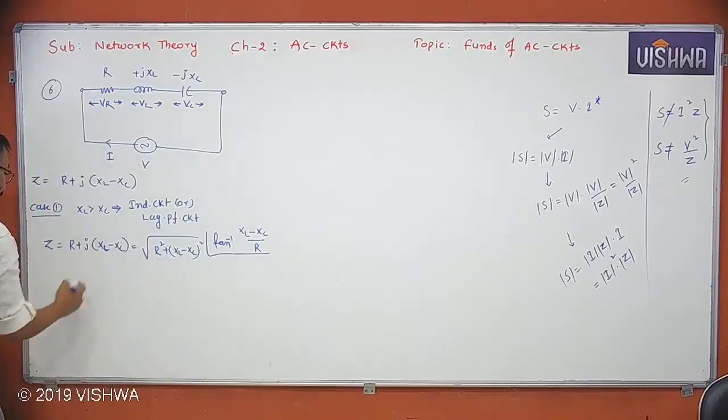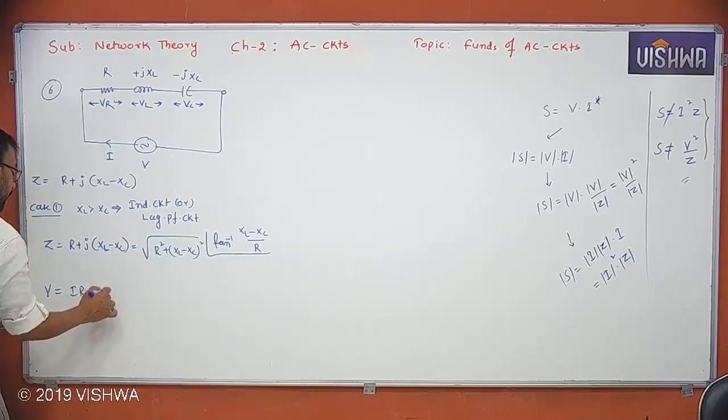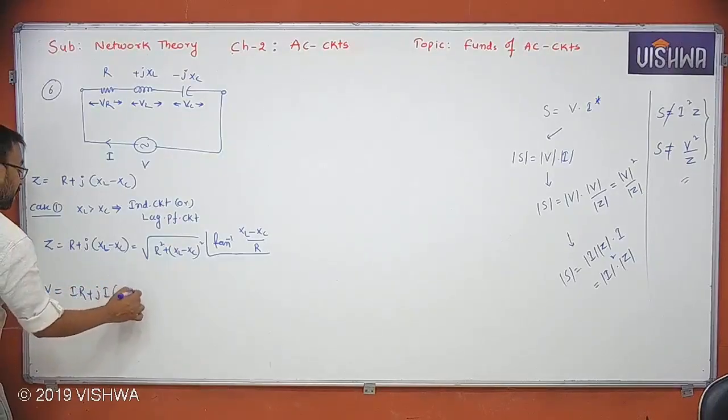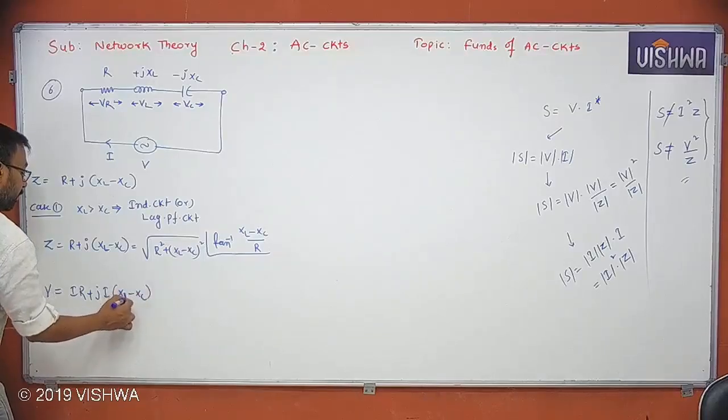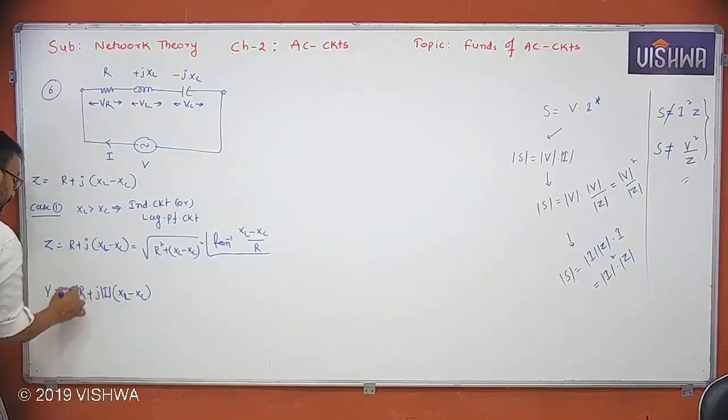If you multiply both sides with capital I, I into Z, that is V, is equal to I into R plus J, I into XL minus XC. This I is a magnitude.